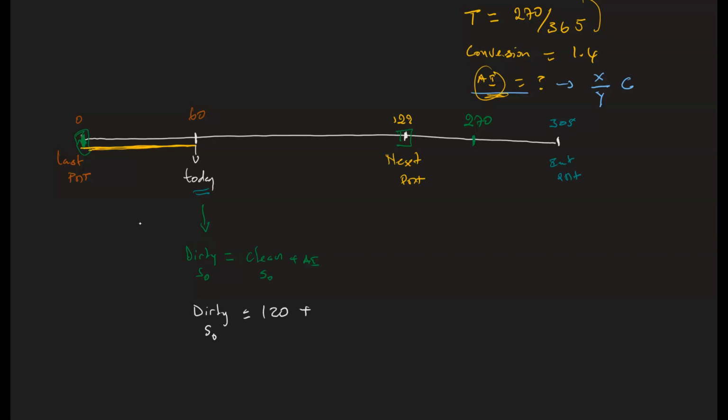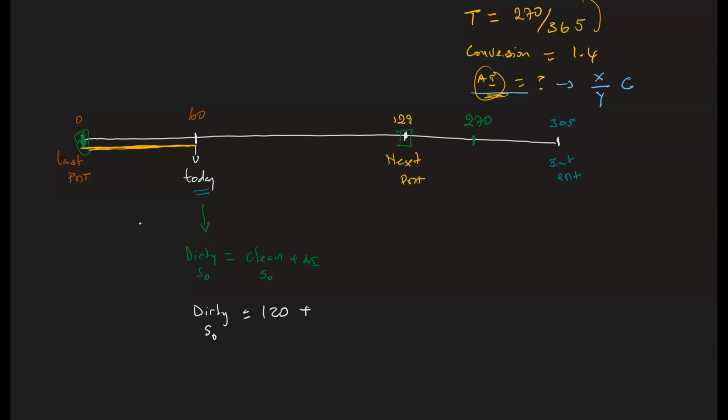plus the accrued interest. Now, how is it that we compute accrued interest on this type of bonds? This is a treasury bond, right? And the accrued interest on a treasury bond is computed using actual to actual. On a corporate bond it is computed using 30 to 360, and on the funds it is computed using actual to 360.